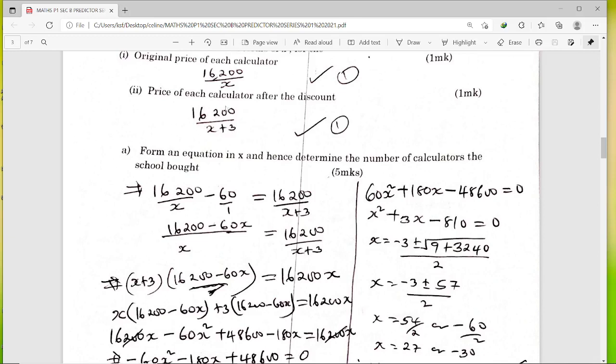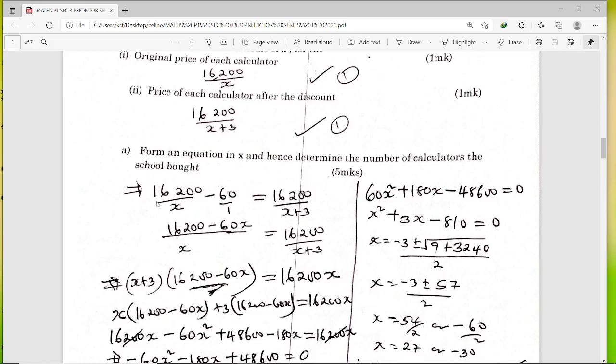So this minus 60, which was the discount, gives you the price of each calculator after the discount.